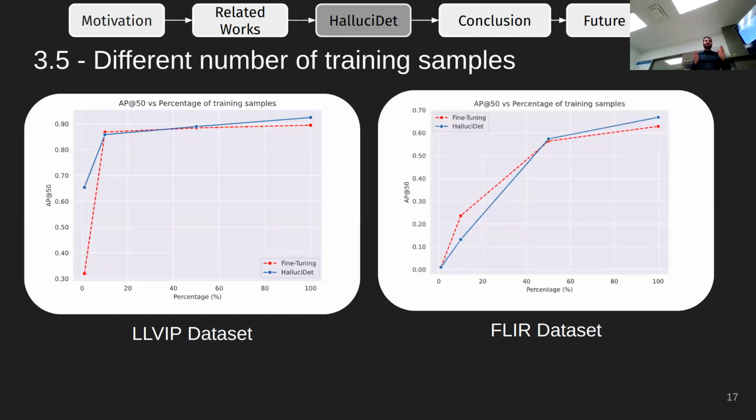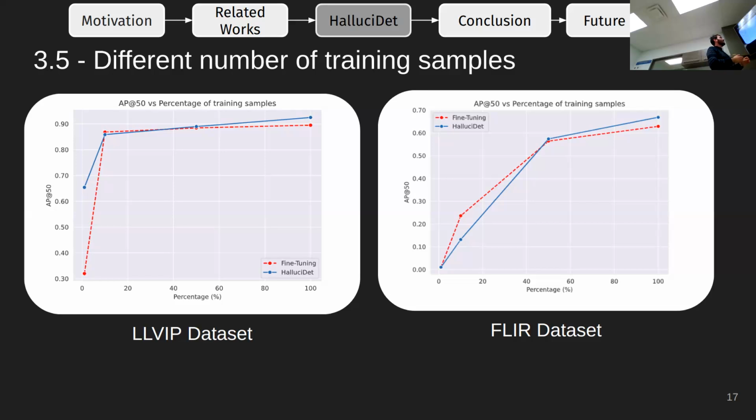We also did some experiments for different IR datasets. We saw that for two different state-of-the-art datasets that are widely used in the community, two different benchmarks, with a small number of training samples we could also reach the fine-tuning.